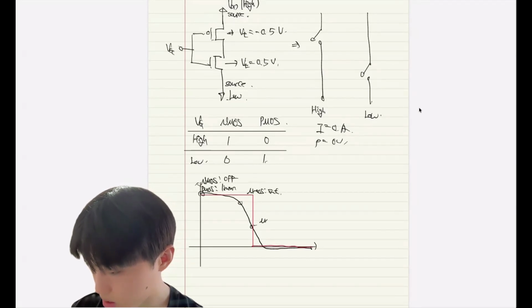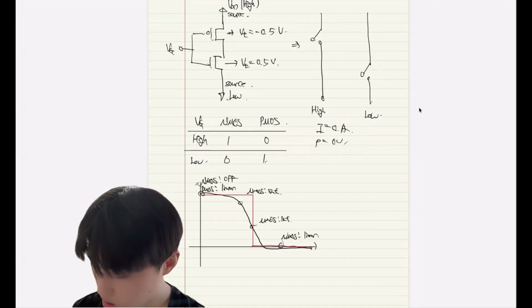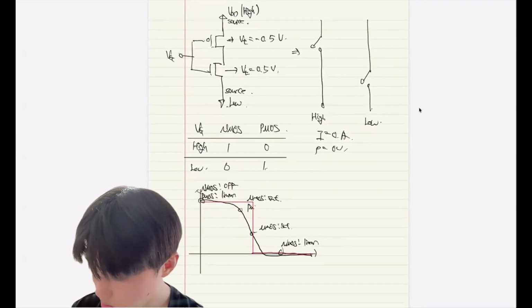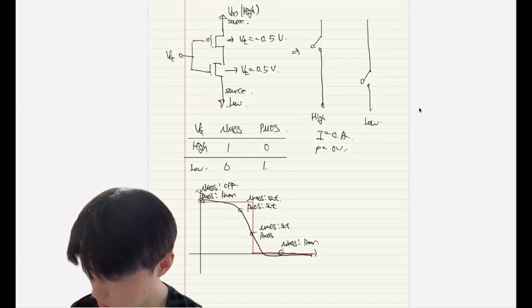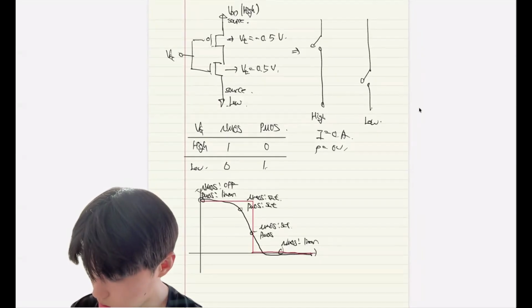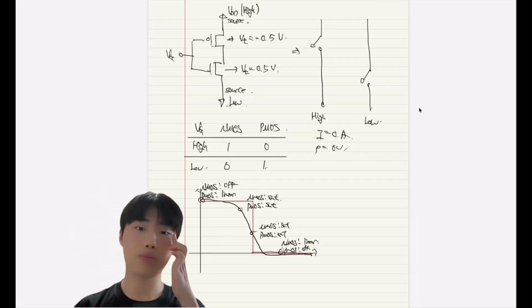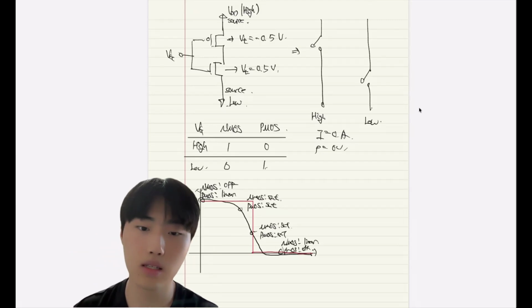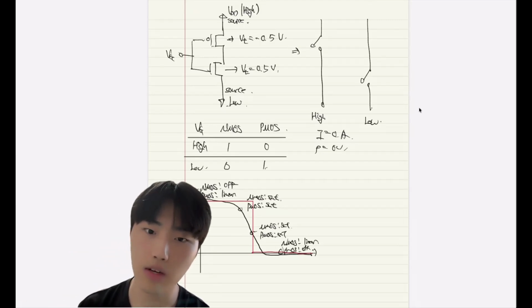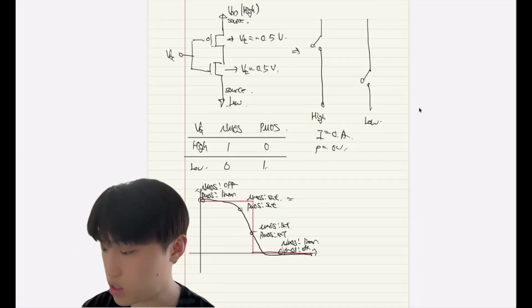And this part will be NMOS for set, NMOS for linear. And this part will be PMOS for set, PMOS for set, PMOS for off.